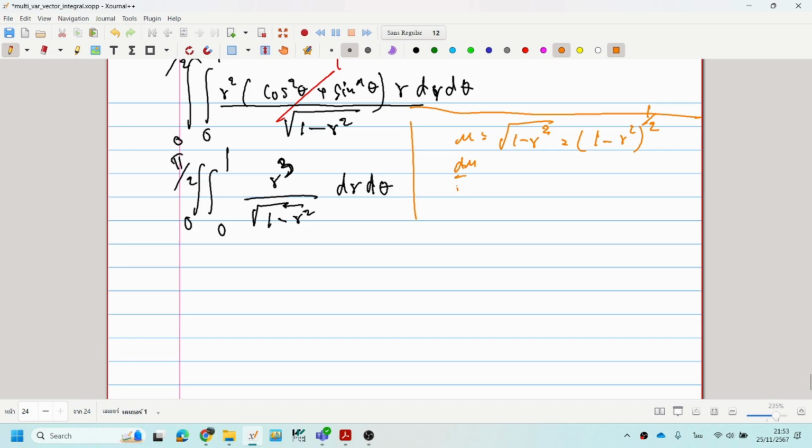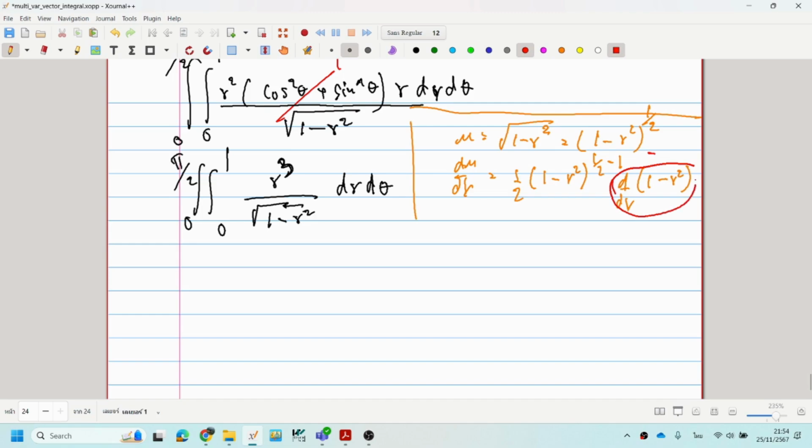And du by dr, you get 1 over 2 times the bracket, 1 minus r squared to the 1 over 2 minus 1 power, and the derivative of 1 minus r squared.